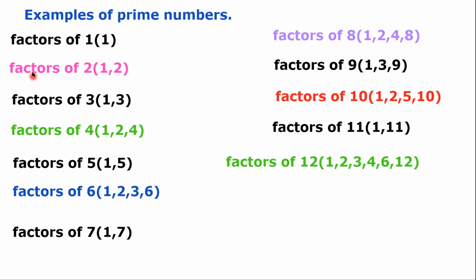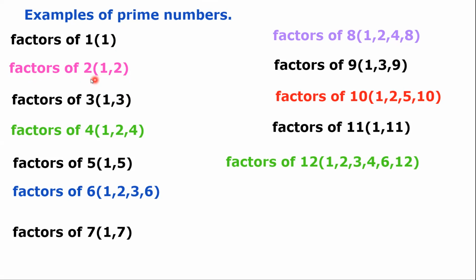Okay, factors of 2. Let's check the factors of 2. It has 1 and 2. Let's see the properties of prime numbers here. The factors of a prime number are supposed to be 1 and itself, and this is 2 and itself is also a factor here.